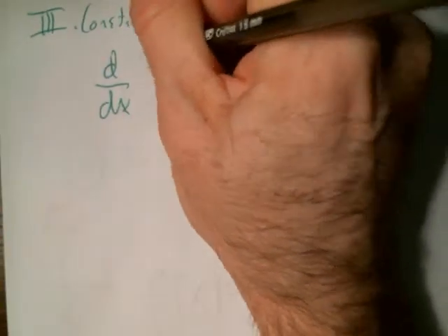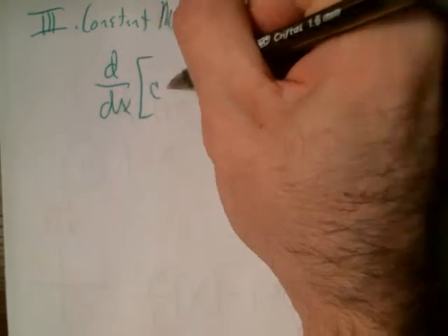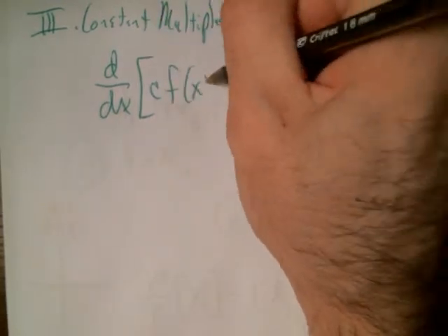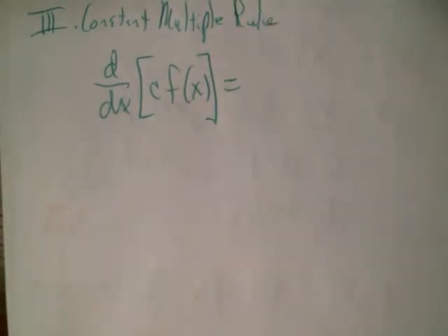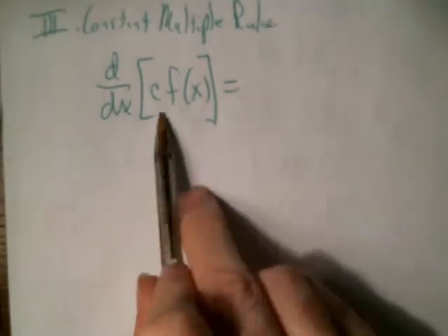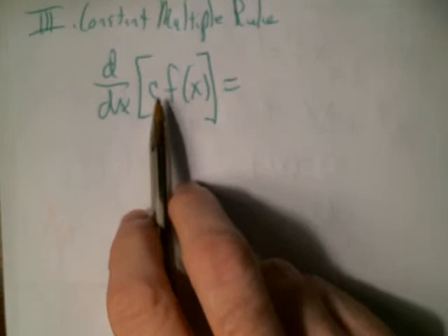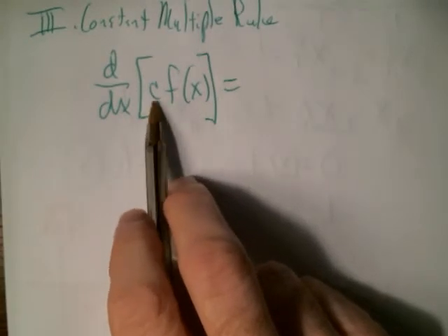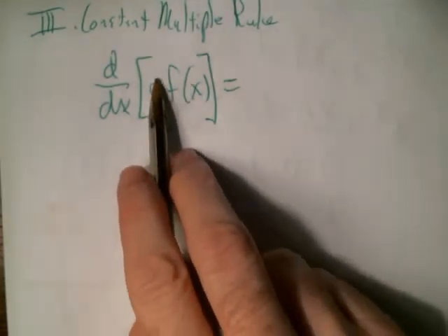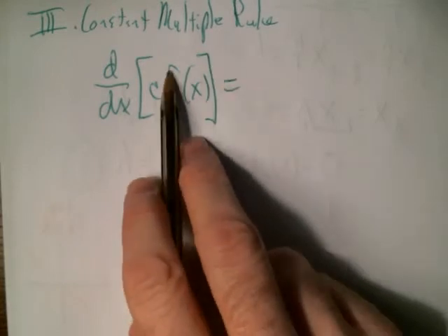Anyways, the constant multiple rule is this: the derivative of c times f of x is equal to, you could factor the c out of the derivative. Okay? This thing is a limit, and in the limit expression, you're going to have these constants floating in the difference quotient.